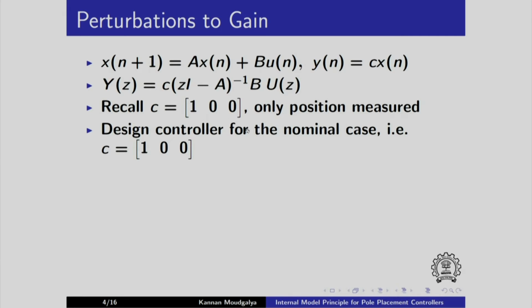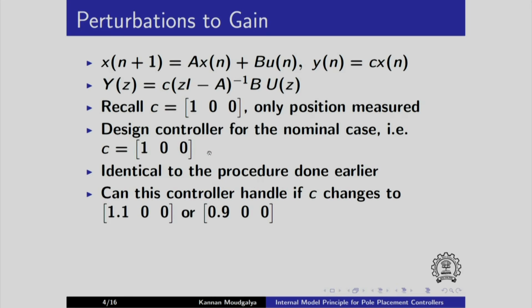Let us design the controller for the nominal case. What is meant by nominal case? Whatever the model we assumed, namely C equals 1 0 0, and then we follow the procedure explained earlier. Using that procedure, design the controller. In that, take C to be 1 0 0.